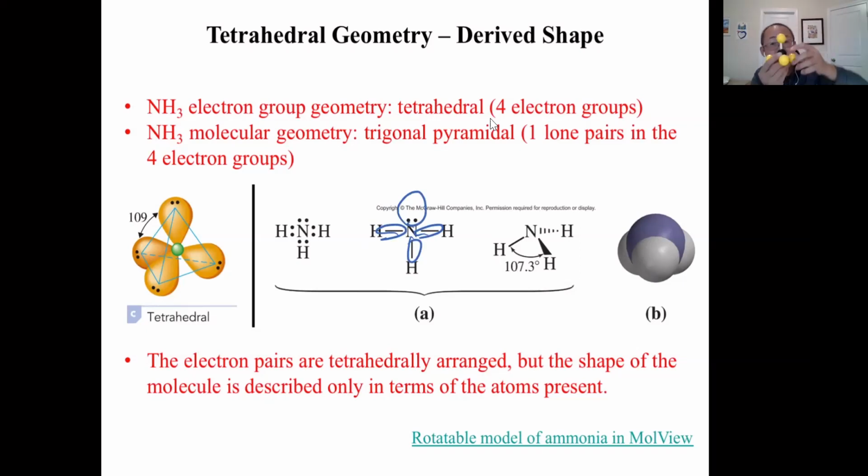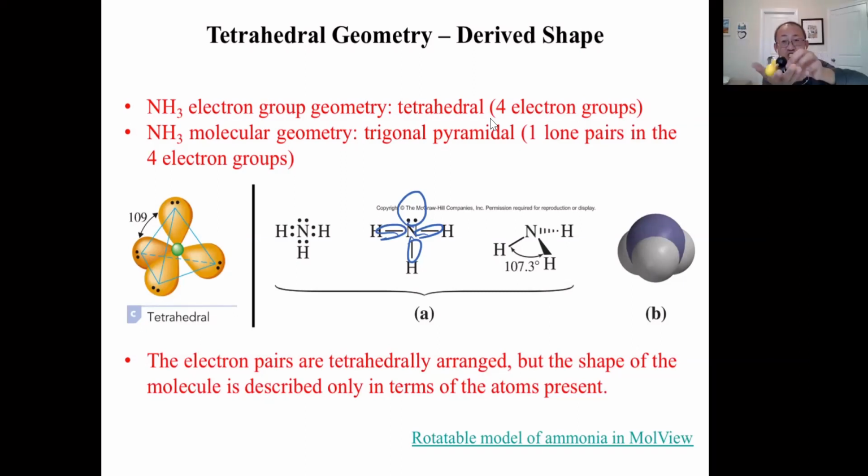Now, if we have 4 electron groups, we know the geometry of these 4 groups is tetrahedral. However, you notice that in ammonia on the nitrogen, one of the groups is a pair of electrons. There's no atom on it.